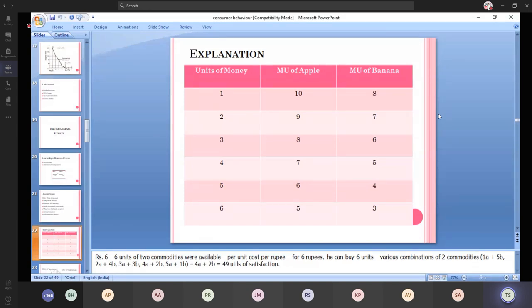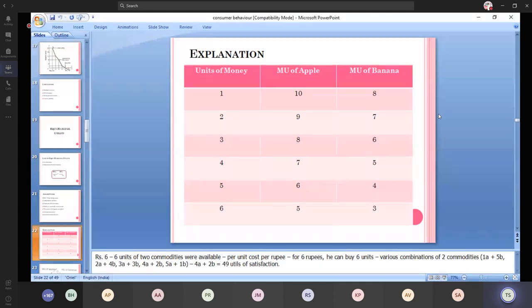If he chooses the first combination, what is the total utility the consumer receives from these 2 commodities? How do we calculate the total utility from the marginal utility? By adding up the marginal utilities, we get the total utility.